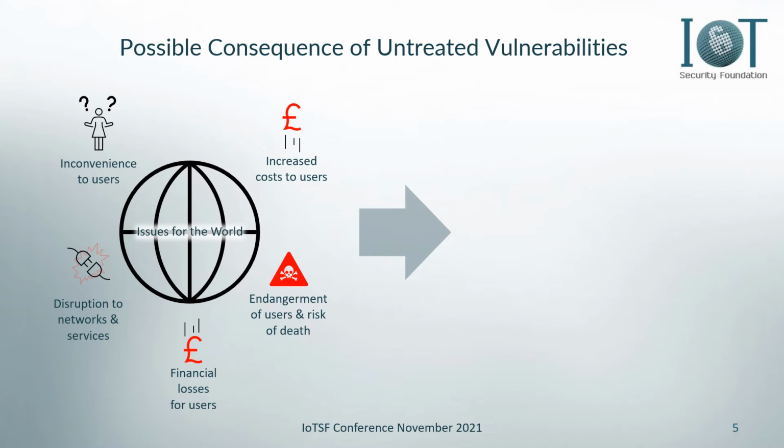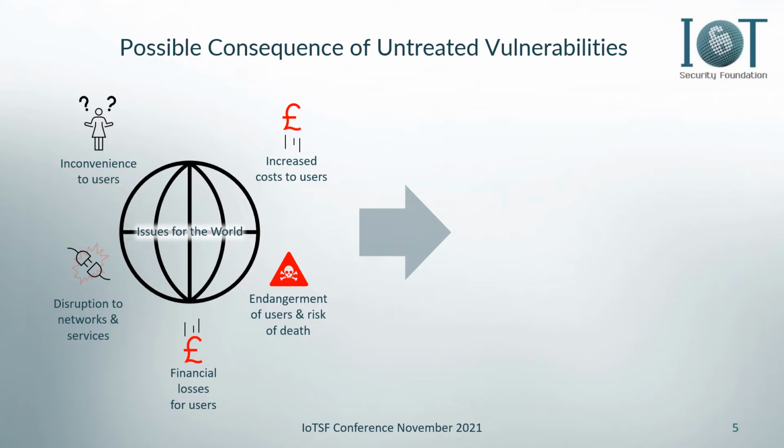The consequences of not fixing a vulnerability are many and varied, anything from negligible impact to disastrous. There could be some inconvenience to the user, maybe the lights don't work or they can't set their house alarm. There could be increased costs to the user, maybe the heating constantly runs too hot.